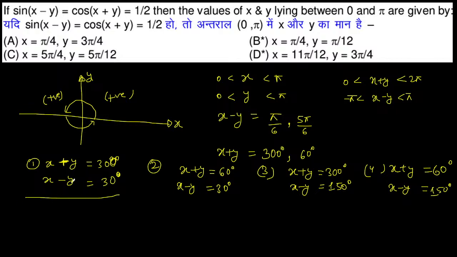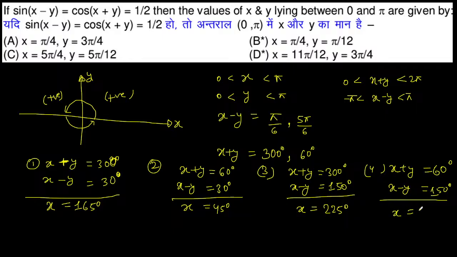Now what will happen? We'll add both the equations, we'll get x equal to 165 degree. This will become x equal to 45 degree. This will become x equal to 225 degree. This will become x equal to 105 degree. So when x is 45 degree, y is 15 degree. Yes, correct.